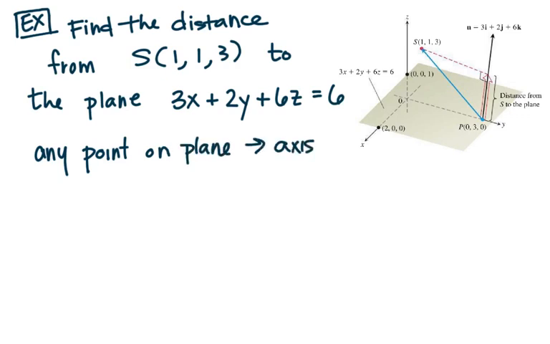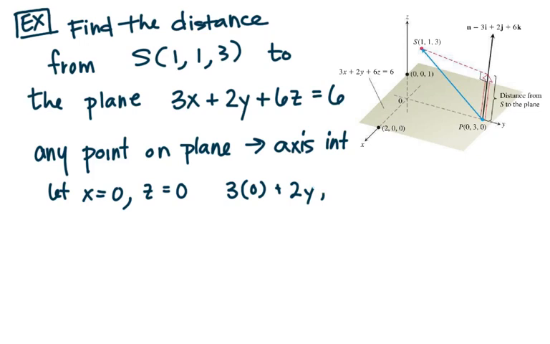In order for us to find that axis intercept, in this case, we would let x equal 0 and z equal 0. If I plug that into my equation, 3 times 0 plus 2y plus 6 times 0 equals 6 gives me that 2y equals 6, or rather, y equals 3.